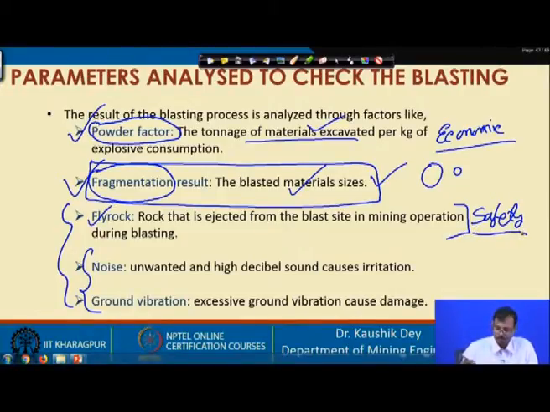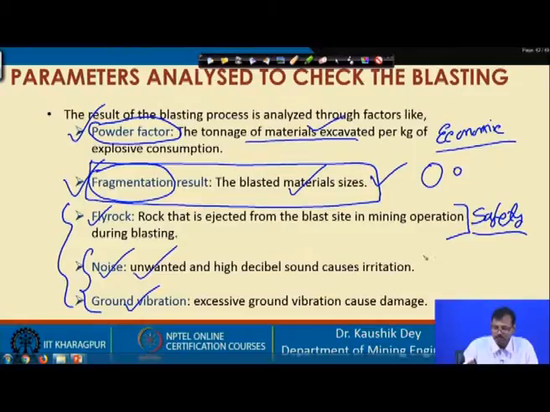blast performance. And there is the noise, which is generated because of the air overpressure: the shock wave generated moves through the air and noise is generated. This is unwanted sound, and it should not annoy nearby residents. Next is ground vibration, which creates vibration of the ground that may damage nearby structures and may create annoyance to flora and fauna.